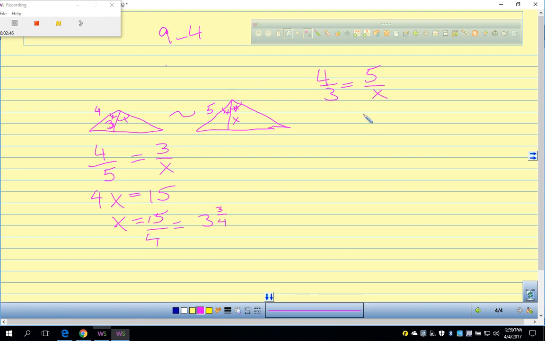Notice when I cross multiply, I get exactly the same thing: 4x equals 15, which is what I got here. So you get the same answer either way. So that's pretty much all that the proportional parts conjecture says.